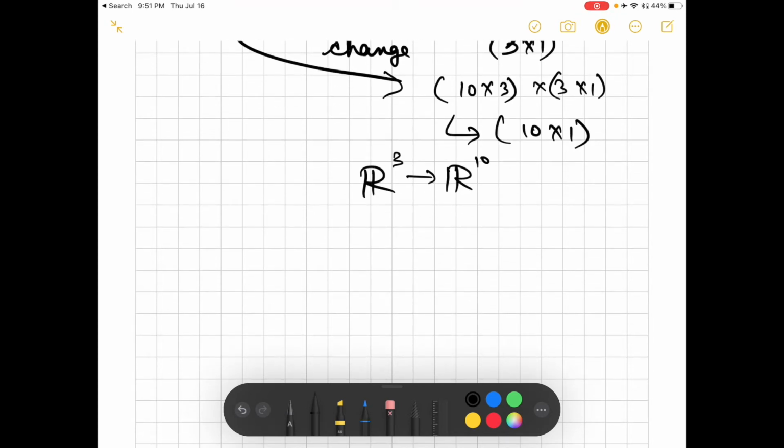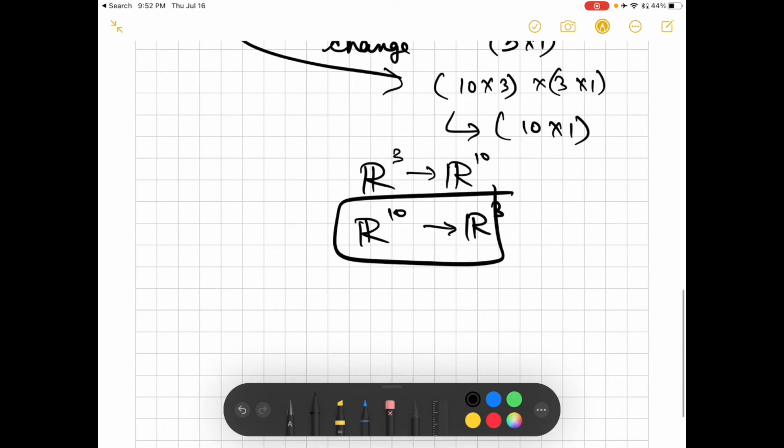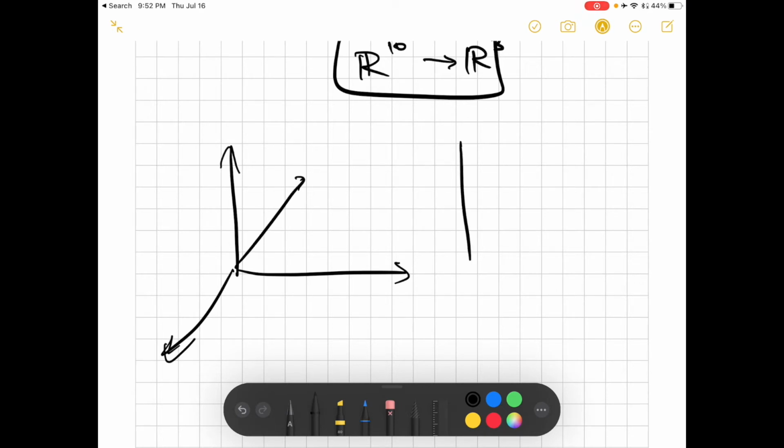Similarly, we can intelligently define this transformation matrix in a way that we can go from R10 to R3. That is, if we have an R10 vector and multiply it with a matrix of suitable size, we can come back to R3. So these transformations, although they look complex, say there was some vector represented with respect to a non-standard basis, and after certain transformations it was rotated as well as stretched.